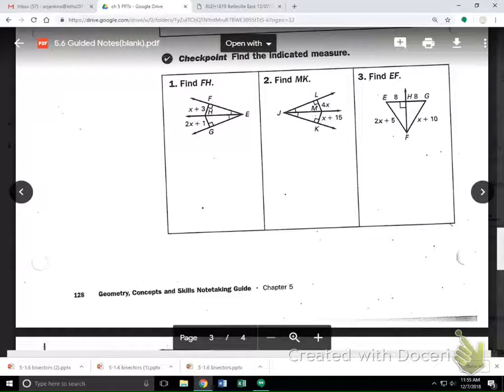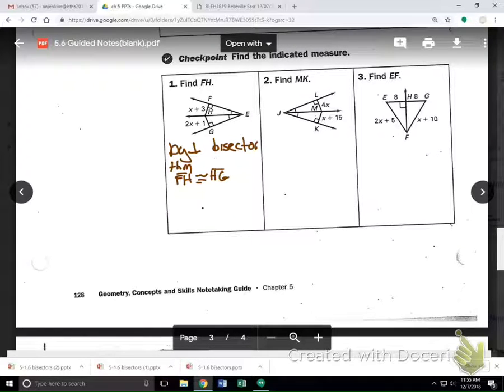Now we have our first checkpoint on this page. Our first checkpoint, we want to find the distance of FH. So, by the theorem we learned today, by the perpendicular bisector theorem, we know that FH is congruent to HG.